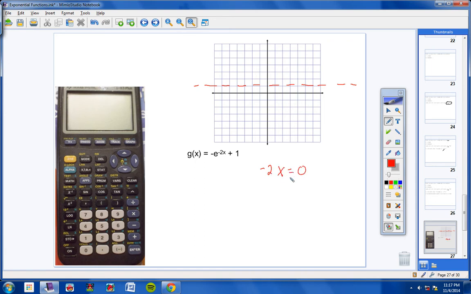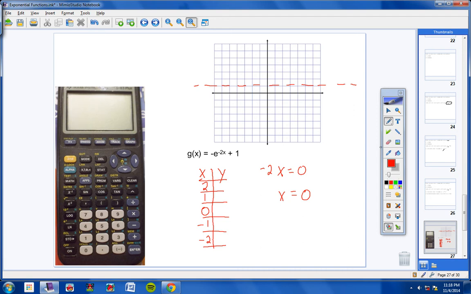Divide both sides by -2 and x equals 0. So that would go in the middle of your table of values. Right here, okay? So we go up to 1, up to 2, down to -1, down to -2, okay?